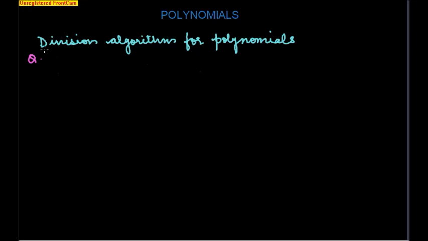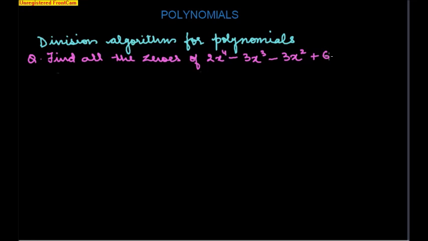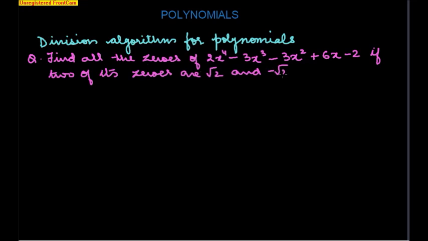Now, the question says, find all the zeros of 2x to the power of 4 minus 3x cube minus 3x square plus 6x minus 2 if 2 of its zeros are root 2 and minus of root 2.